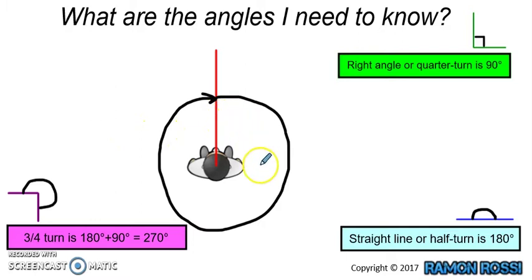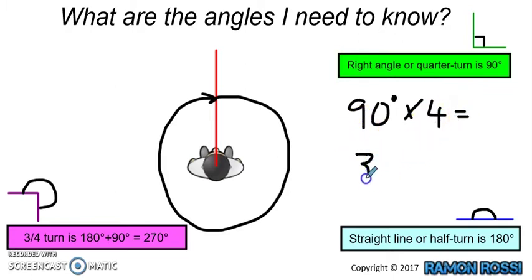Well, it's a quarter turn, plus a quarter turn, plus a quarter turn, plus another quarter turn. So it's 4 quarter turns, so it's 90 degrees times by 4. And what is that? That is 9 times 4 is 36. Add a 0, and we've got 360 degrees. So a full turn is 360 degrees.